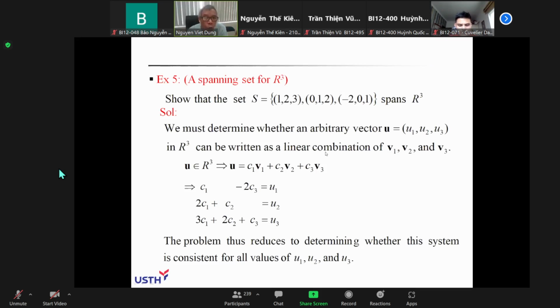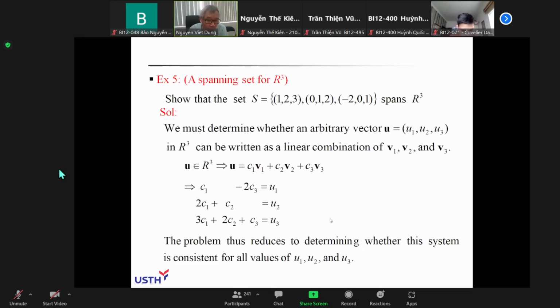You need to show that for any vector U with three coordinates U1, U2, U3, that equation is consistent, means it always has solution. And we write it now in the form of a system of linear equation like that. So you need to show that system of linear equation has solution for any right-hand side U1, U2, U3.